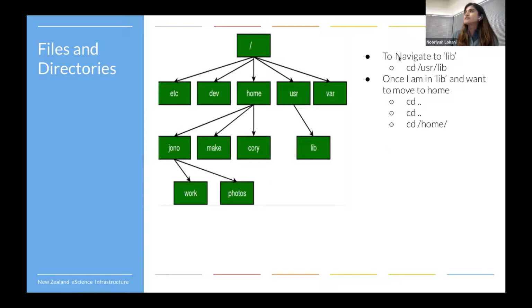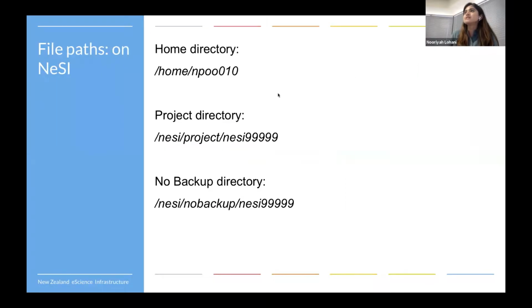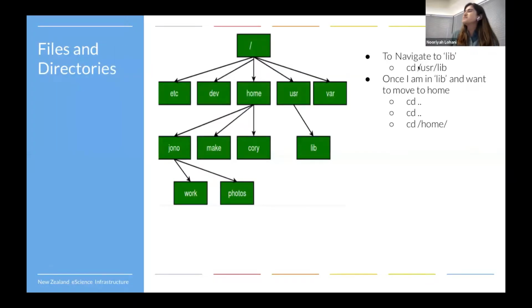So if you've just logged in and opened your terminal window on your laptop, and this is what your file system looks like, and I'd like to navigate to the folder called lib, I would basically use the command cd, or change directory, and point to the directory users from root.